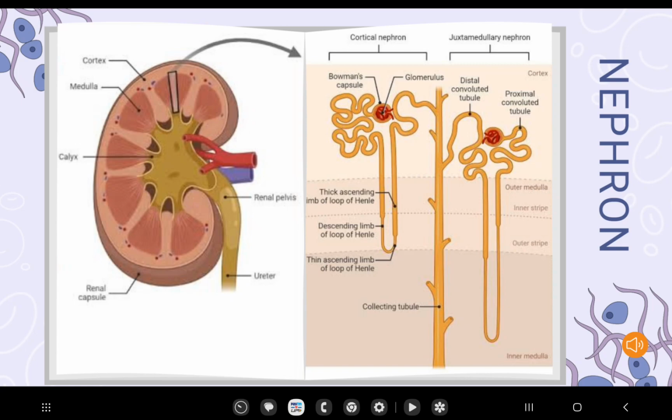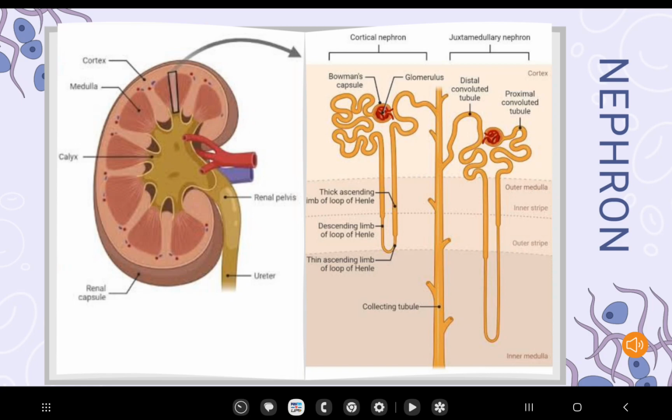It plays a crucial role in water and electrolyte balance. Distal convoluted tubule, the segment of the renal tubules located after the loop of Henle. It is involved in further reabsorption and secretion of ions and molecules. Collecting duct, the final portion of the nephron where urine is collected and transported towards the renal pelvis.